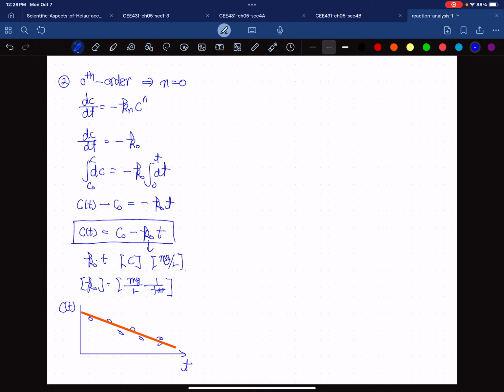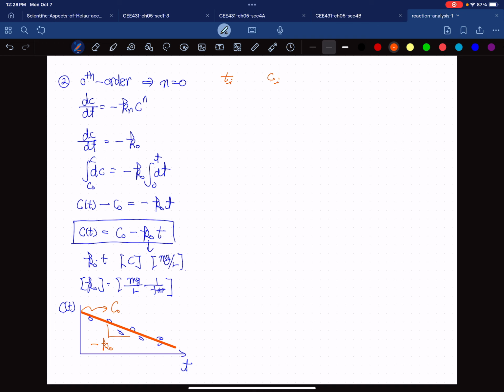You could then say that the intercept would be C naught, the initial concentration, and the slope would be negative k sub 0. So in other words, you have time t and then you have concentration data.